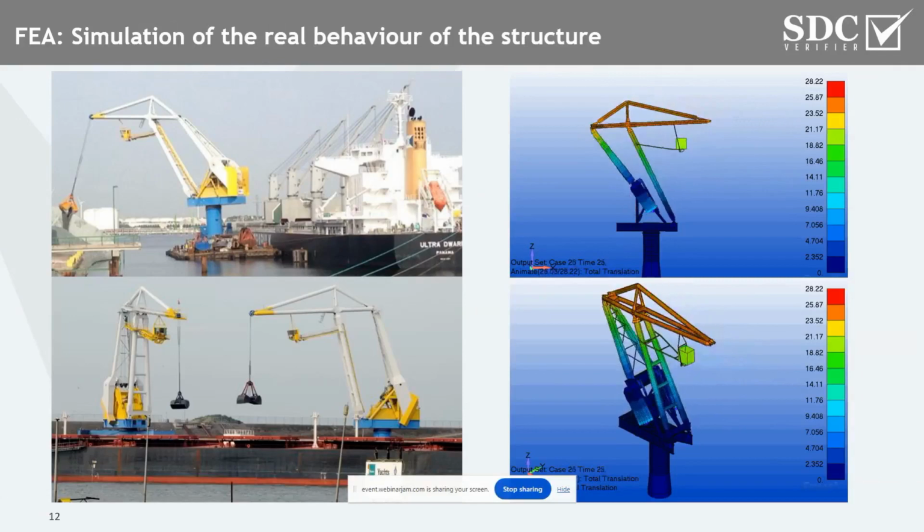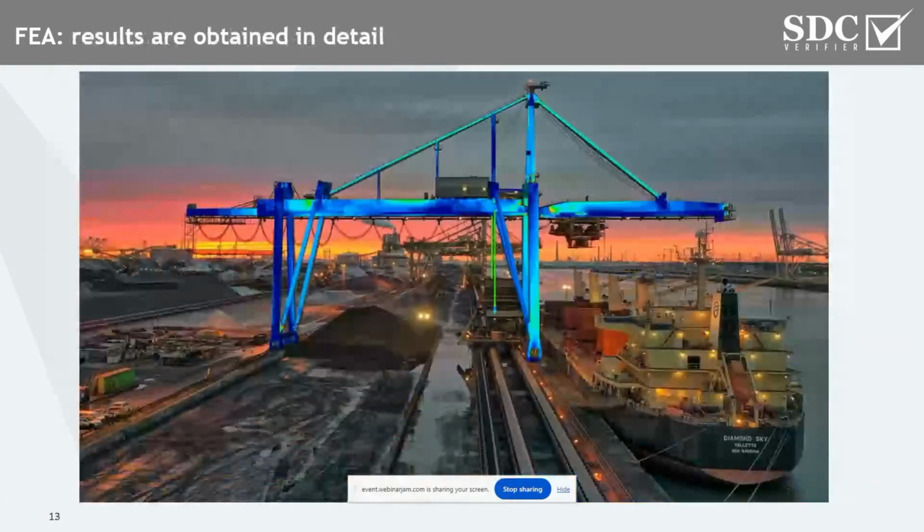As an outcome, the results are obtained in detail, as can be seen in this picture. And what's more important, this is not detail per structural component globally, but the level of accuracy is given per each spot.